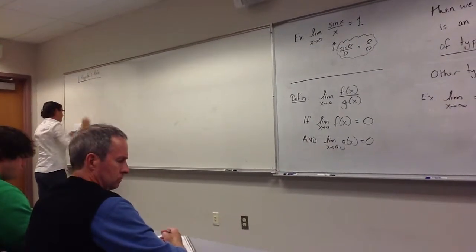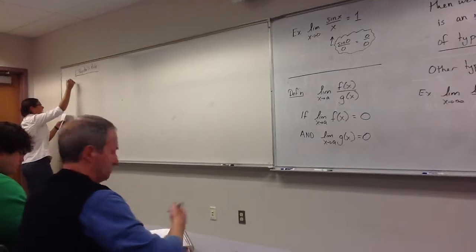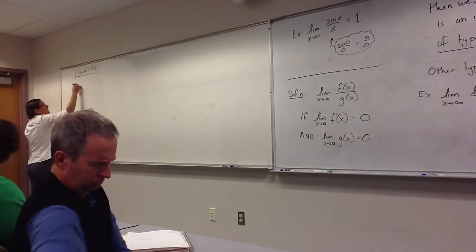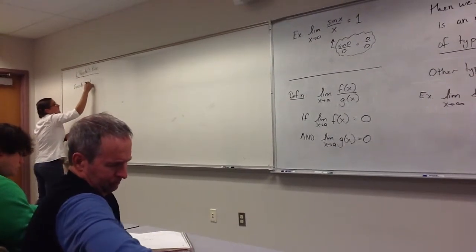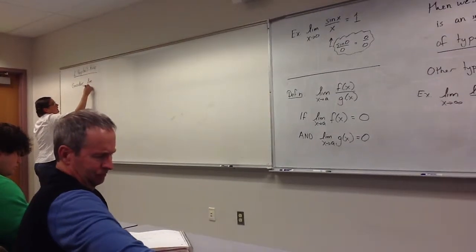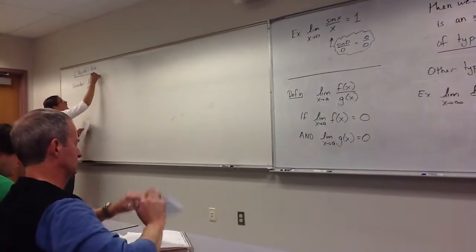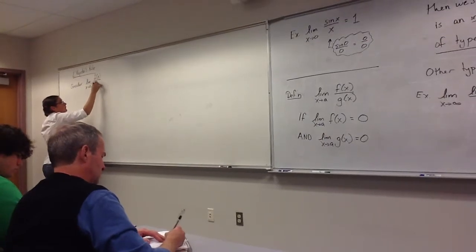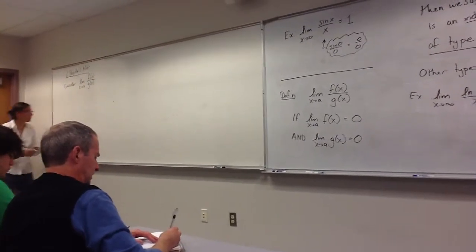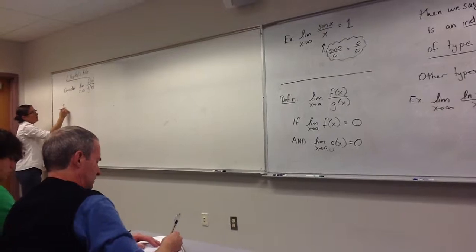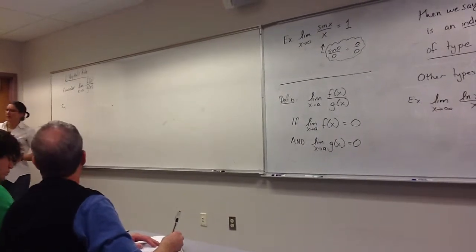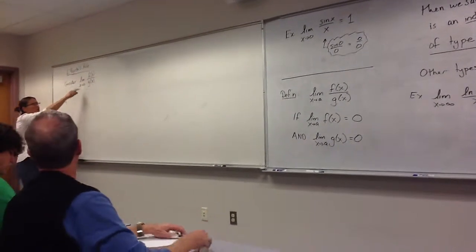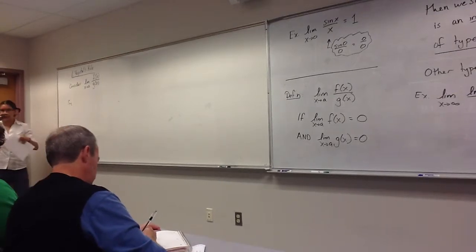L'Hopital's rule says that we're going to consider the limit as x approaches a of f of x over g of x. So this is what we're looking at calculating. A limit as x approaches some number, and we're looking at a fraction, a function divided by a function.